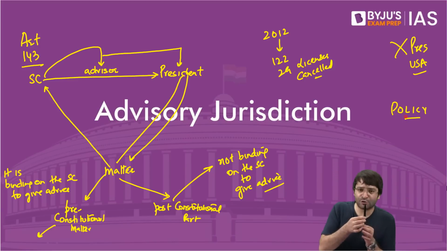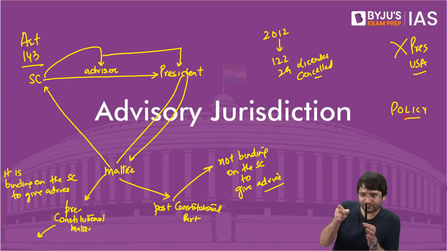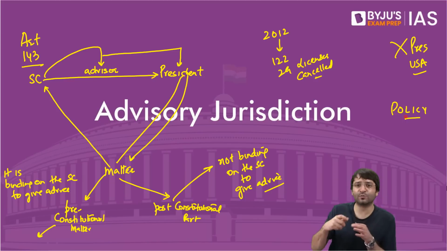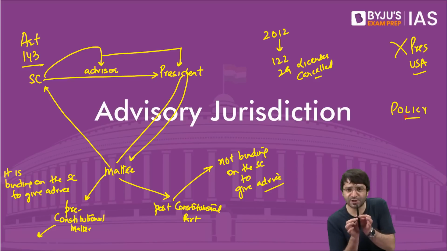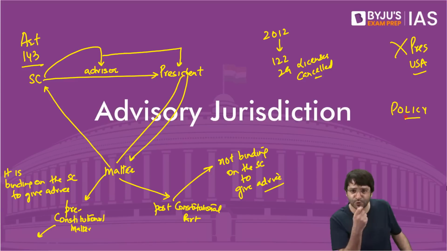If this 2G spectrum is sold at a lesser price, I am transferring the benefit to the consumer. How? Because if Airtel, Vodafone, Reliance, Tata Docomo, Reliance Communication, Aircel, so many other carriers buy this 2G spectrum at a lesser price, that means their call rates would be lesser, SMS rates would be lesser, data rates would be lesser.